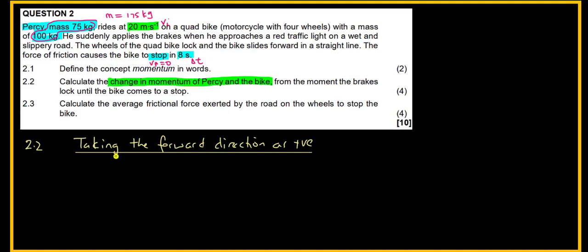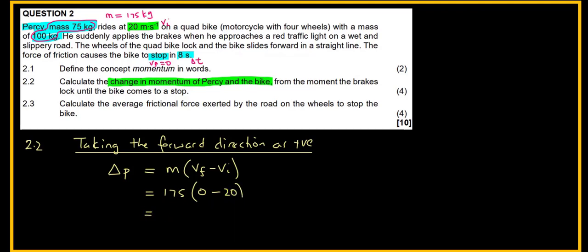Right? So we say delta P equals the mass times the final velocity minus the initial velocity. The mass here is 175 kgs multiplied by 0 as the final velocity, minus 20 as the initial velocity.